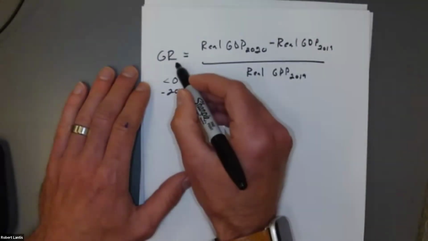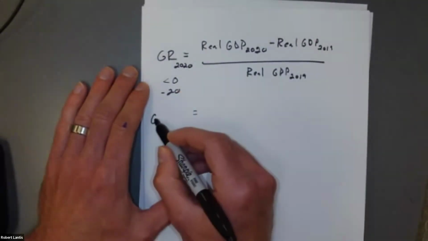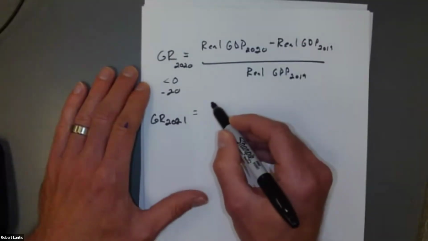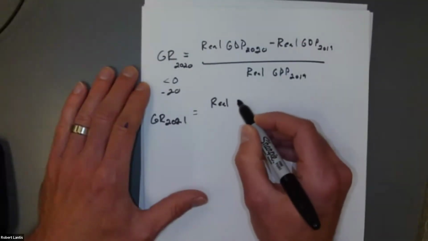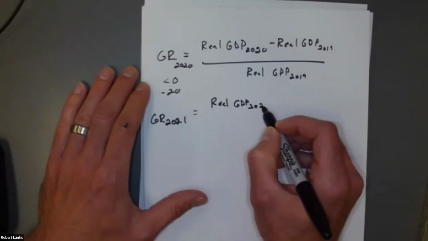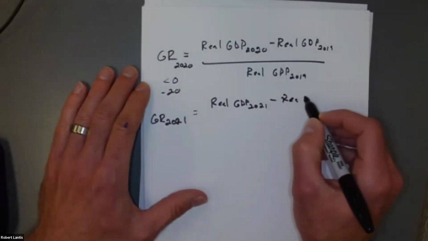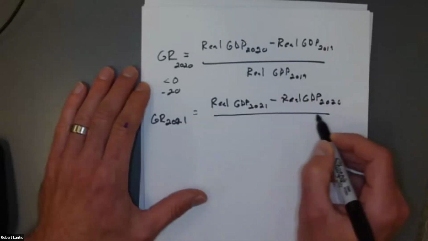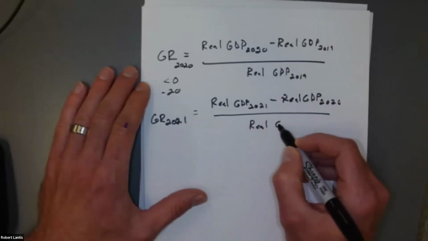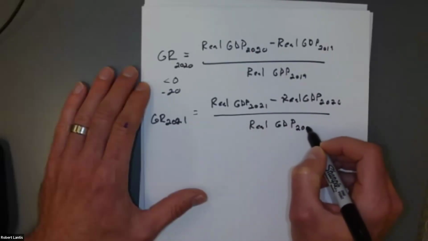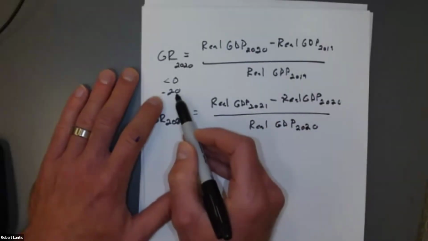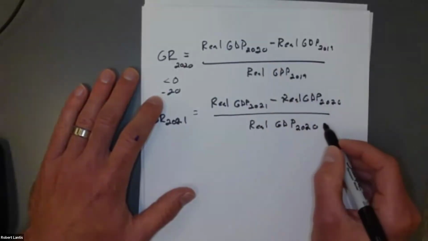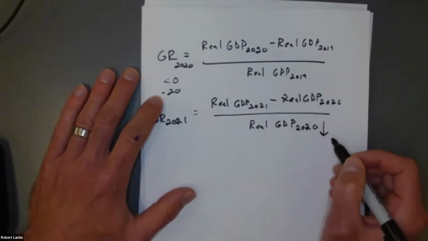Well, when I calculate the growth rate for the subsequent time period, right, I'd now be looking at real GDP in the current year minus the real GDP in the prior year, but I'm dividing by the old year's GDP, right? Well, anytime I see a huge decrease, or negative growth, this GDP value is now going to be much lower.